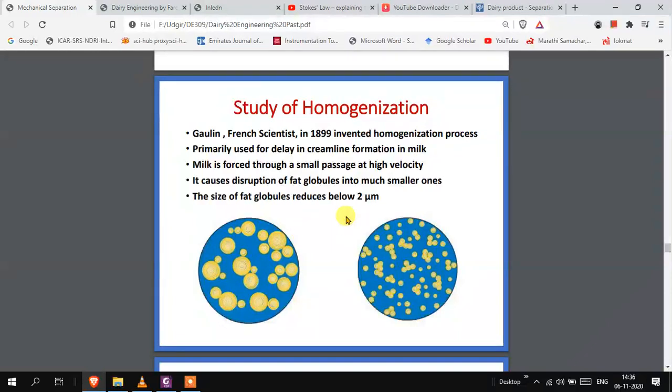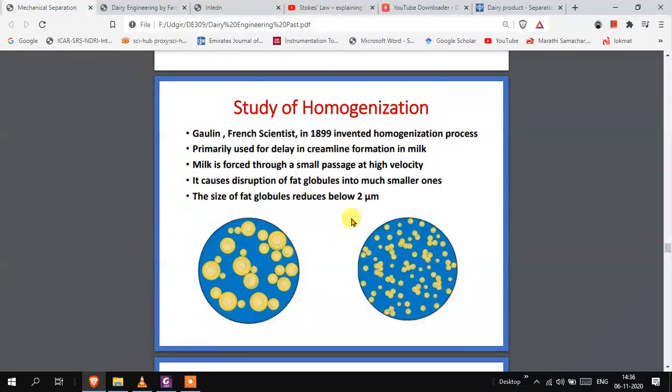So in the homogenization process, we basically delay the cream formation by reducing the fat globule size below 2 micron. Why do we homogenize the milk? Because it has several advantages.